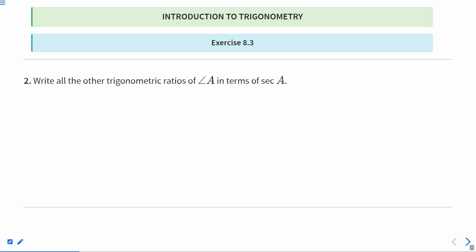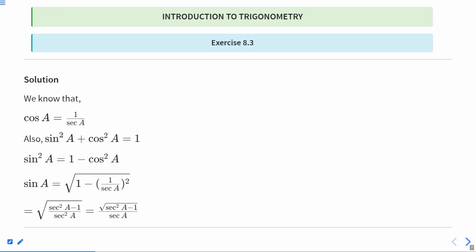We know that cos A is equal to the reciprocal of sec A, so cos A is equal to 1 by sec A. Also we know the identity sin square A plus cos square A is equal to 1.